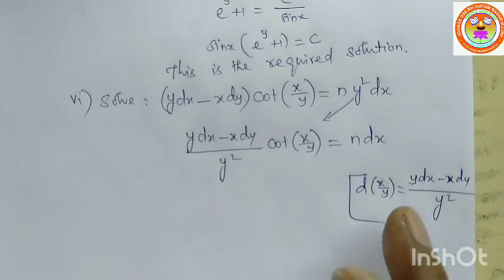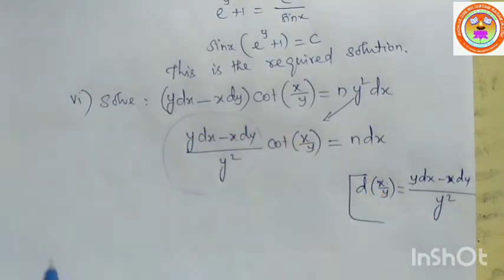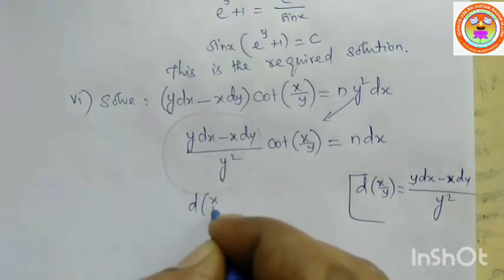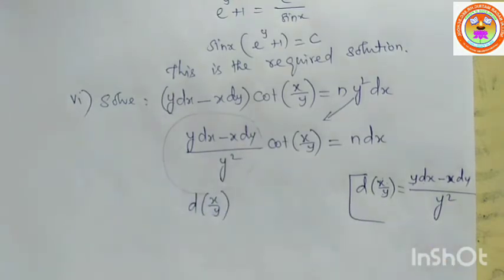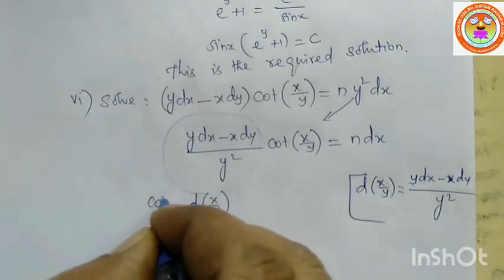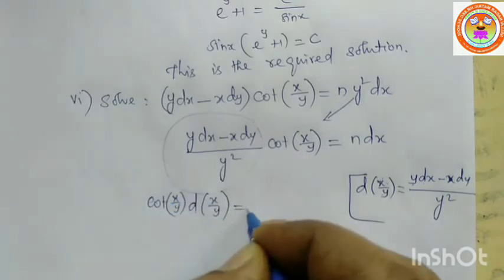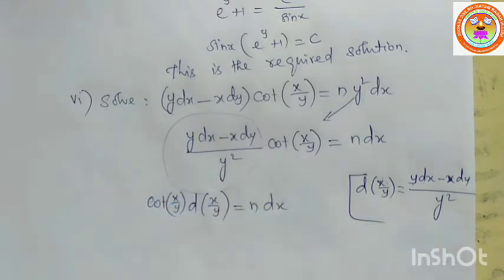The same term we have here, right? So instead of writing these terms, we can write the simple term d of x by y. Again we have one more term, that is cot of x by y, which is equal to n into dx.